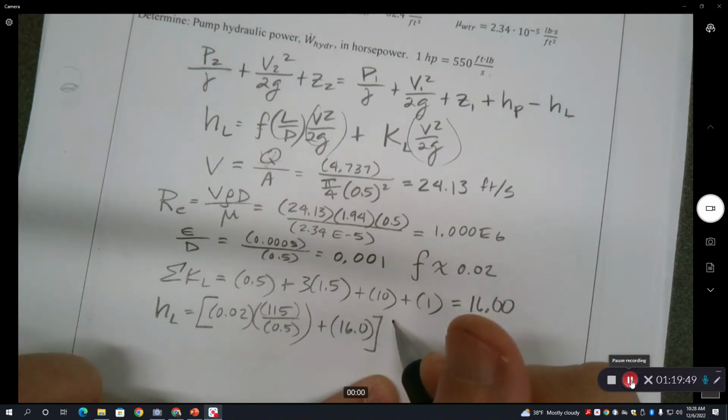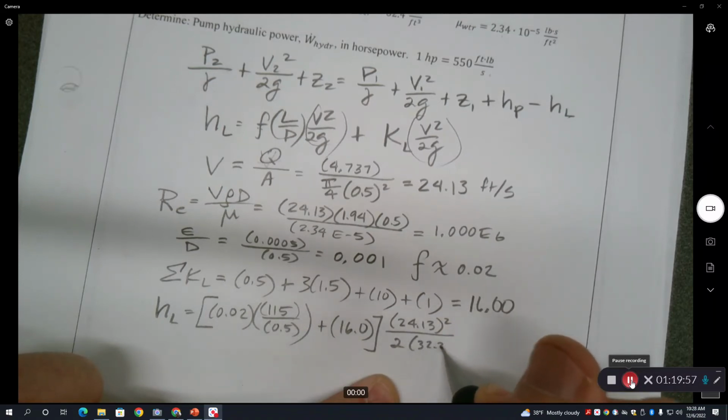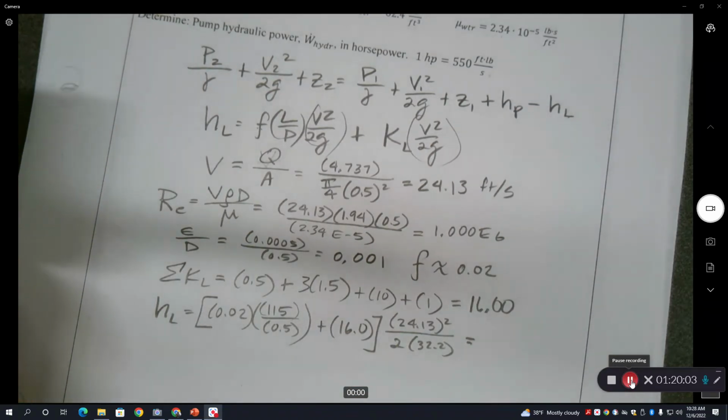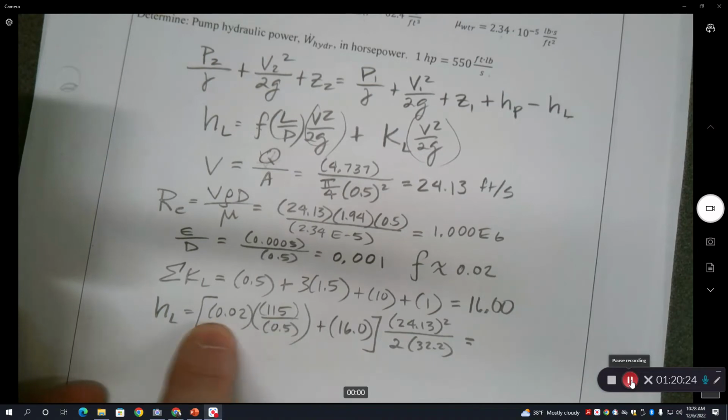And then I go to V squared, which is 24.13, divided by 2, divided by 32.2. So we have, I'm not gonna do it. No, okay. I was trying to be lazy. So that ends up being 4.6 compared to that 1611.